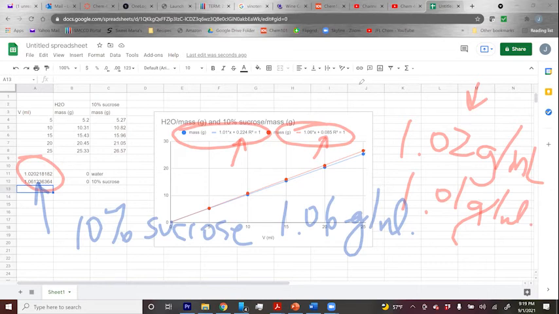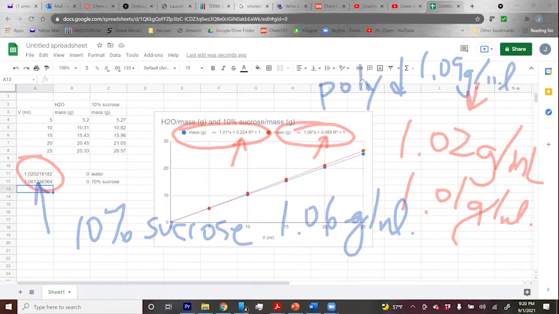So then once you've calculated the densities of your solid objects, like for instance, my polyethylene cylinder had a density of 1.09 grams per mil.